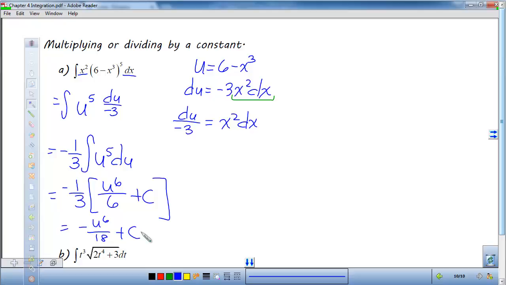It ends up being some arbitrary constant. It doesn't matter what it is, because when we take the derivative of it later, it's still going to be 0. So our final answer then is minus u, so that's 6 minus x cubed to the 6th power over 18 plus c.